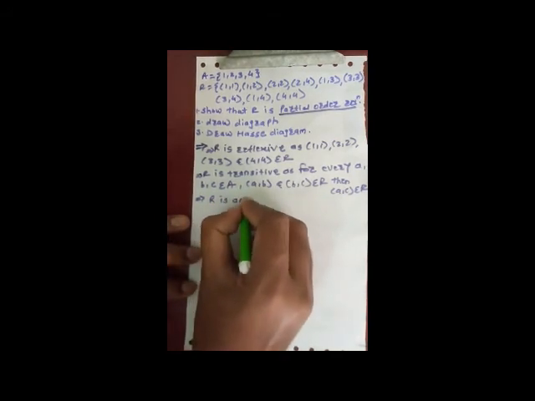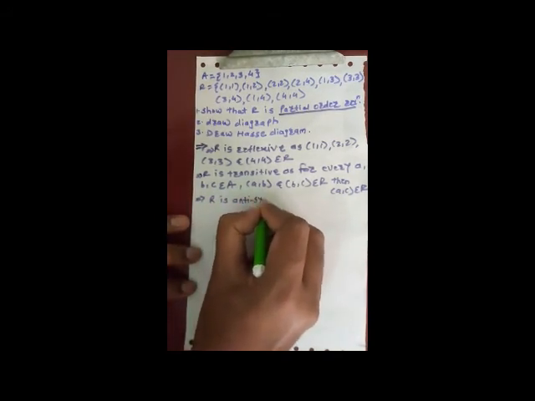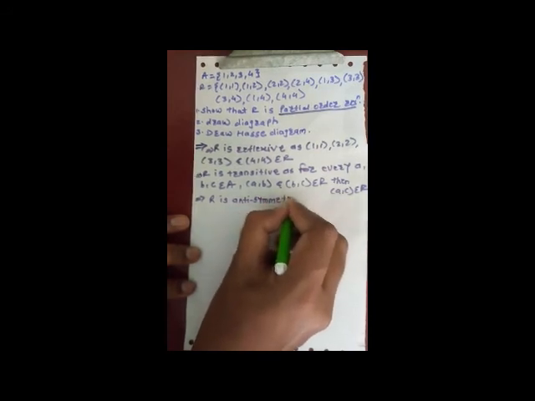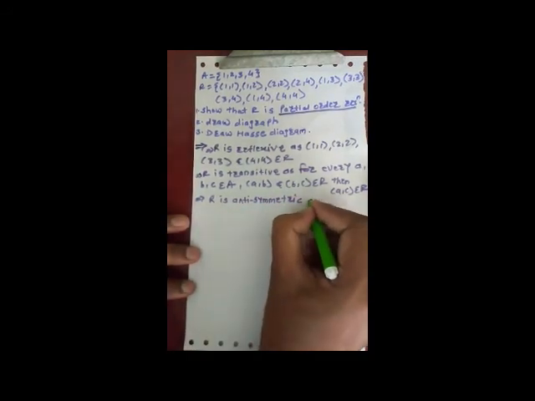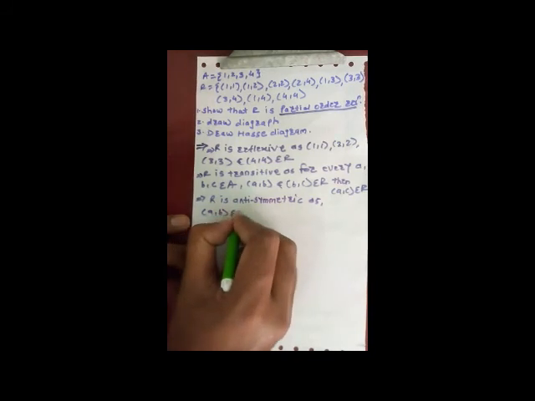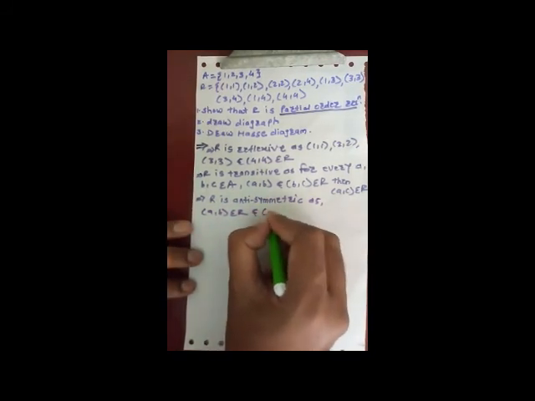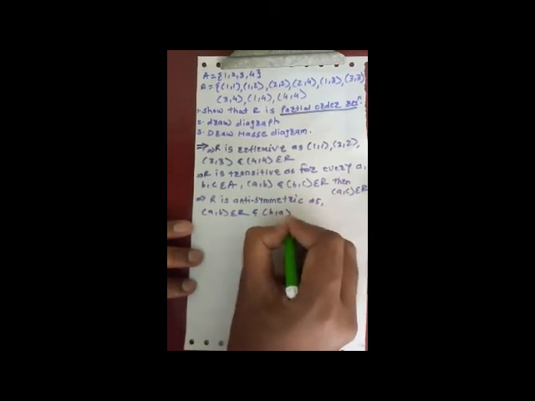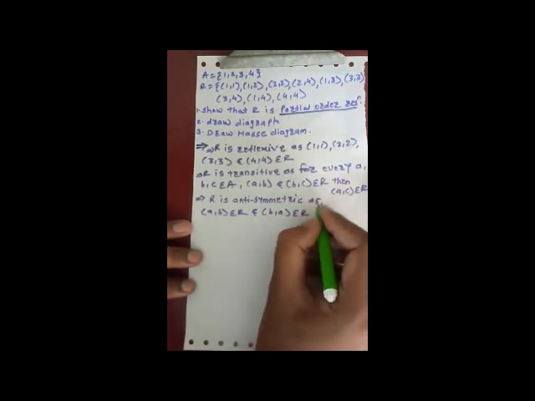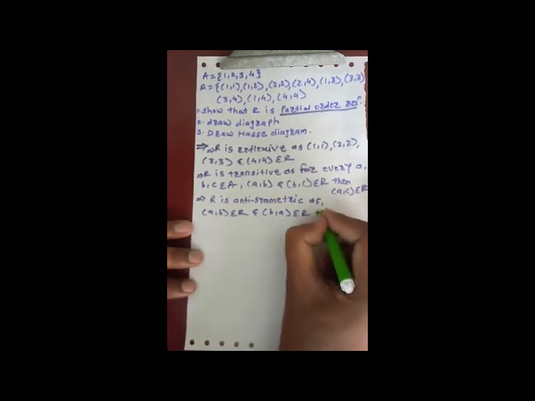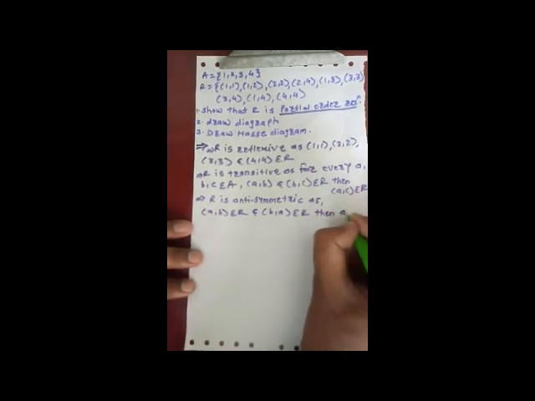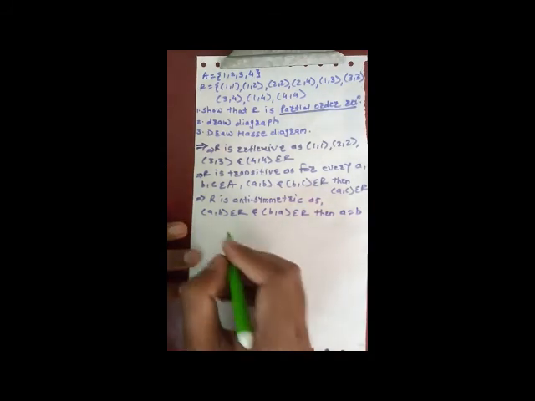Again R is antisymmetric, as it satisfies: if a comma b belongs to R and b comma a also belongs to R, then a is equal to b.